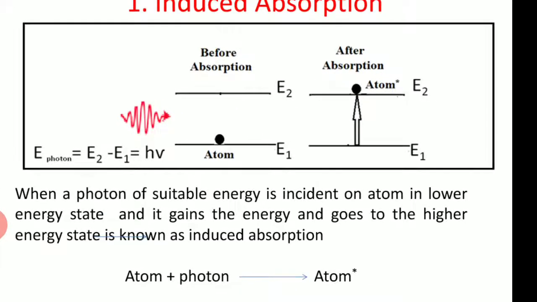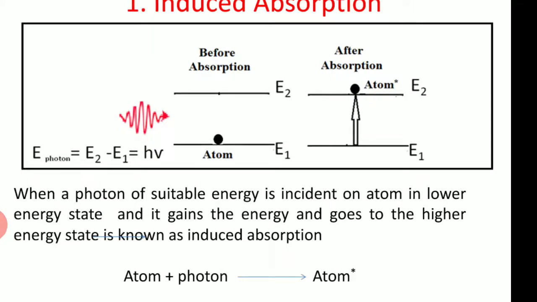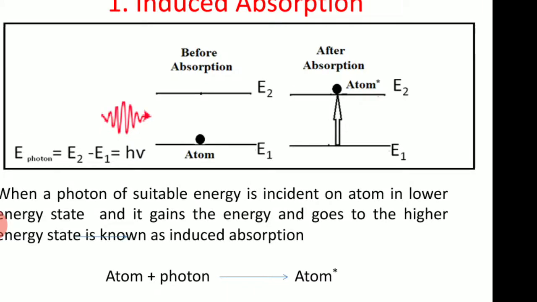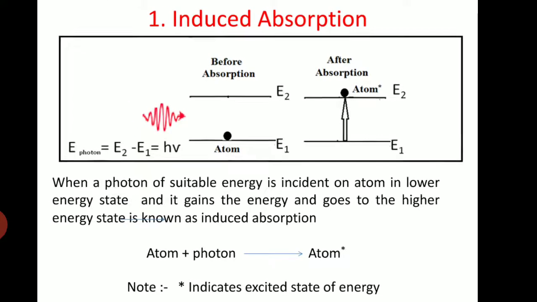the same process we discussed in the previous slide. The atom wants to attain the lowest possible energy, that is E1. Now when a photon of appropriate energy, E photon equal to E2 minus E1, which is equal to h nu, is incident on the atom, what happens? It gains the energy. Here that is before absorption, and in the second case we can observe that it absorbs the energy and goes to the higher energy state.